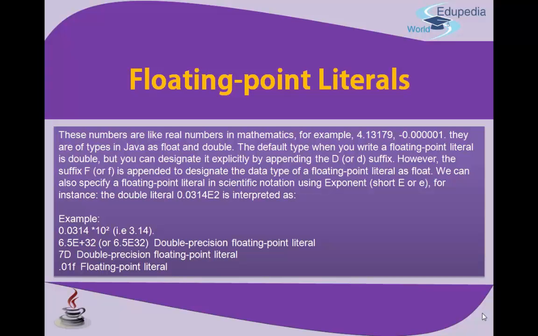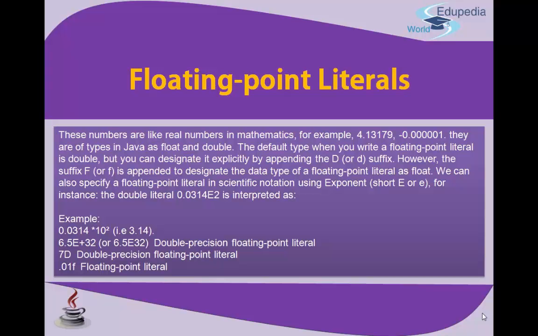Now what is floating point? If you look at this explanation, these numbers are like real numbers in mathematics, for example 4.13179 or 0.000001. They are of types float and double in Java.